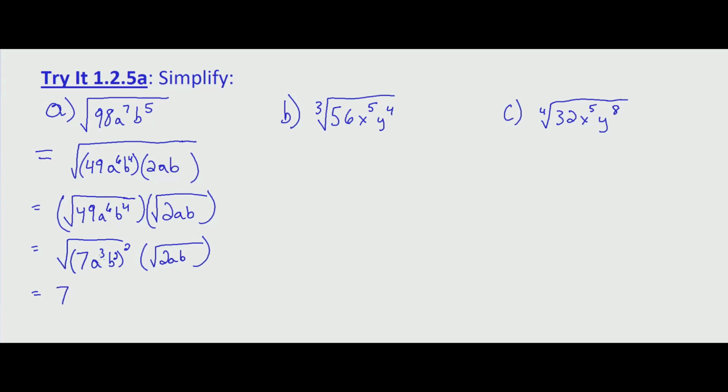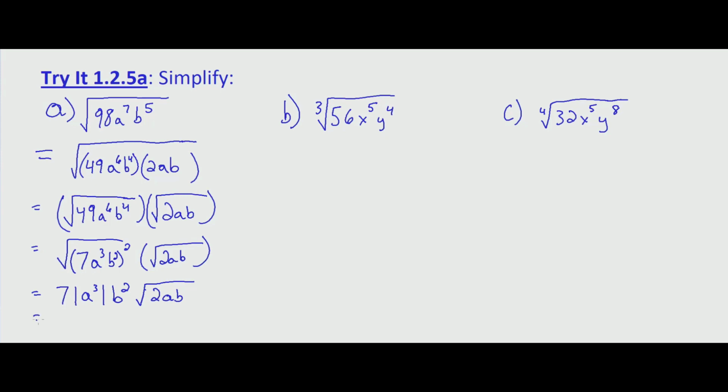Now the square root of a cubed squared, cubed is an odd exponent, so we would need to take the absolute value of a cubed. And the square root of b squared is just b squared, and that's because we know that that is positive. And again, that's still times the square root of 2ab.